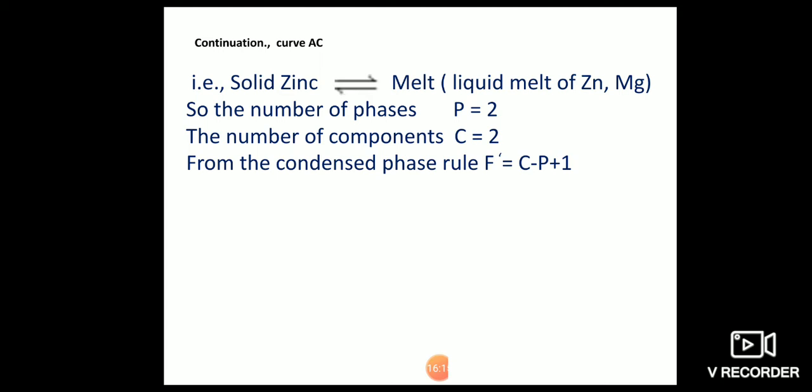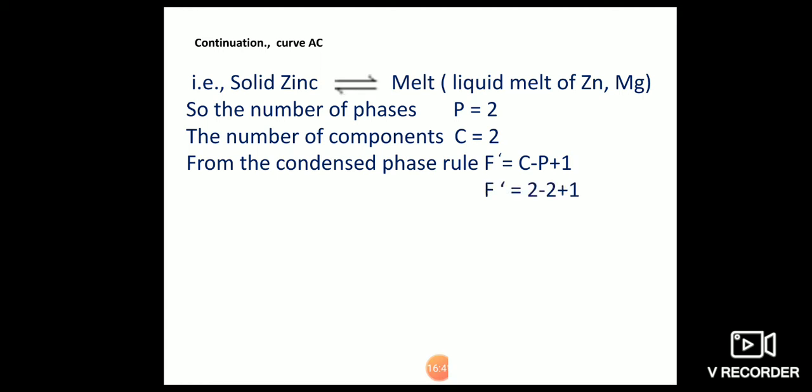So the effect of pressure is nil on liquids or solids. That's why the variable pressure is neglected. Then the phase rule becomes the condensed phase rule, F dash is equal to C minus P plus 1. That is, 2 is reduced to 1.